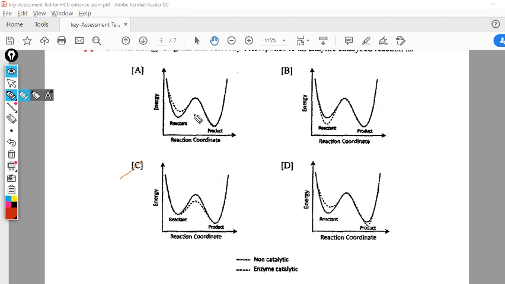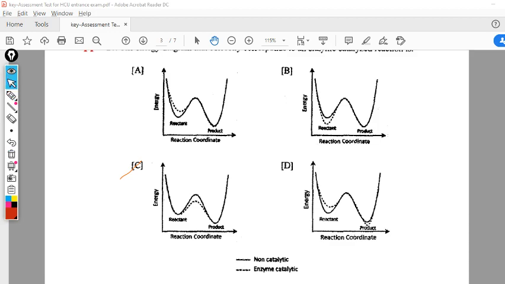The dotted line indicates the enzyme catalyzed reaction, and the thick straight line indicates the non-catalyzed one. It will not affect the equilibrium of the reactant or the product, but it will affect the energy of the intermediate or activated complex. This is from the activated complex theory and applies to catalyzed reactions also.